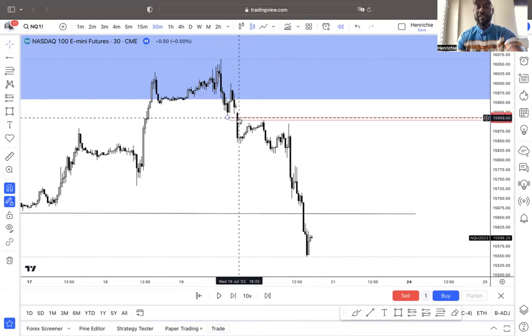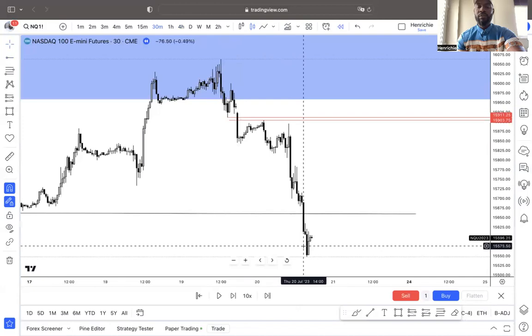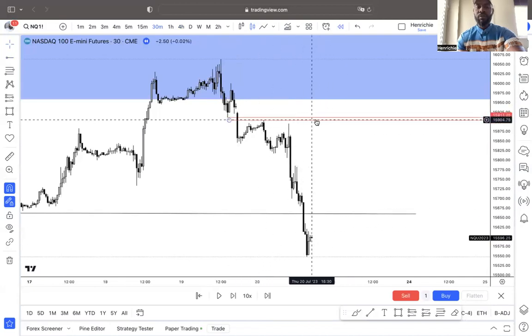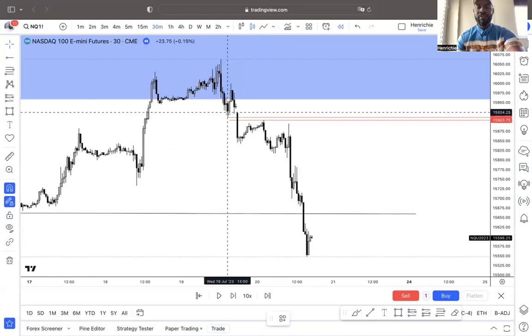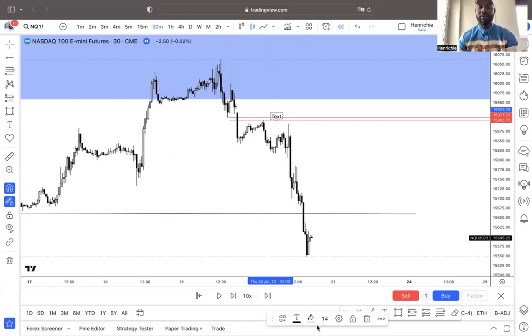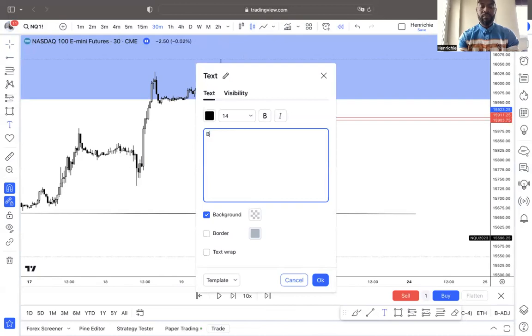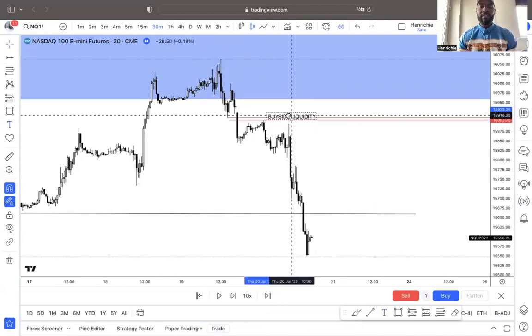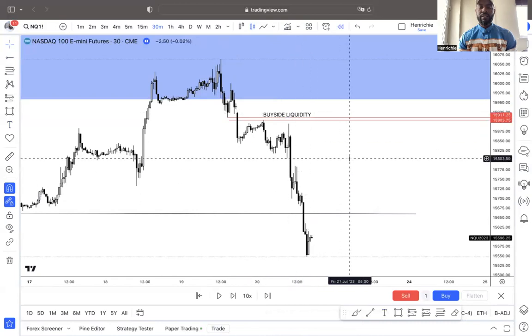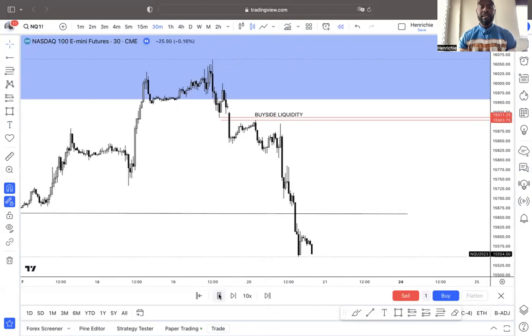In this range, we left this gap right here. So I would expect the market to come and run this high, because this high is a buy side liquidity, and I'm just going to label that here as well. So this is my buy side liquidity, and I'll be watching to see the market gravitate towards that.